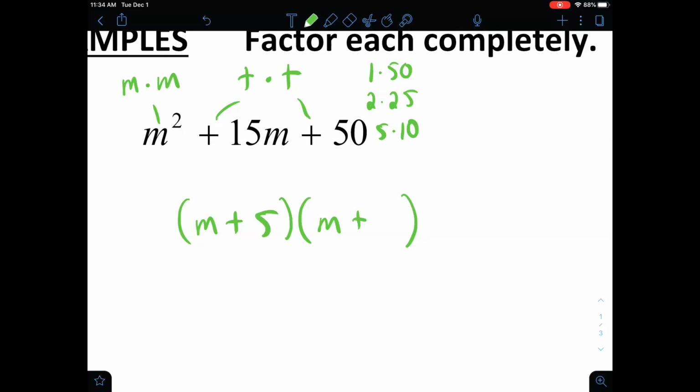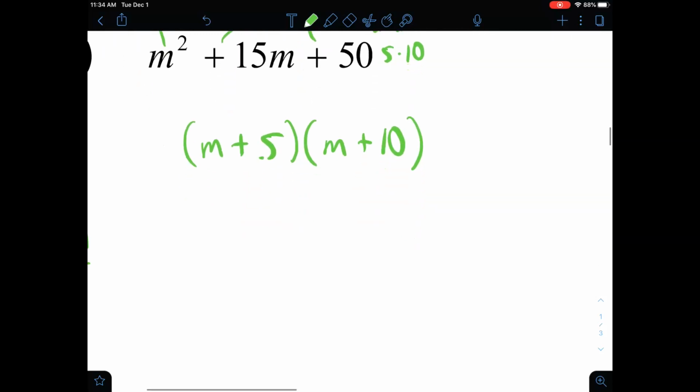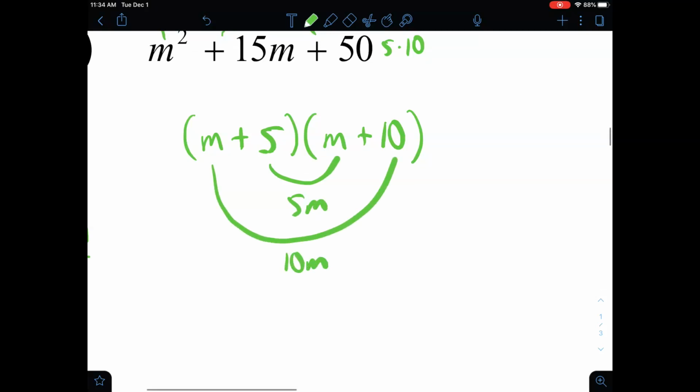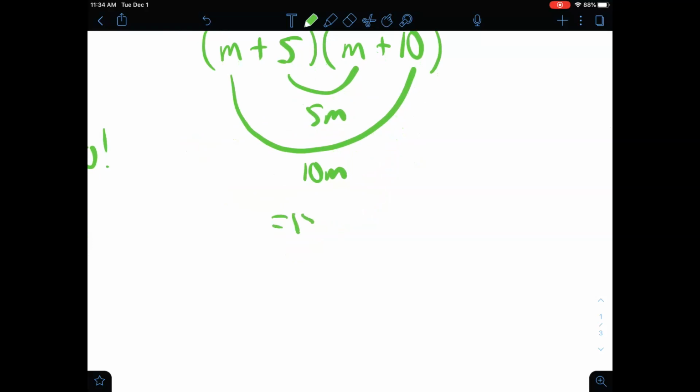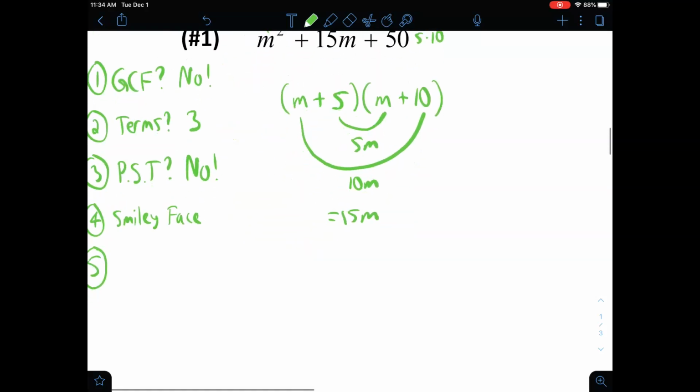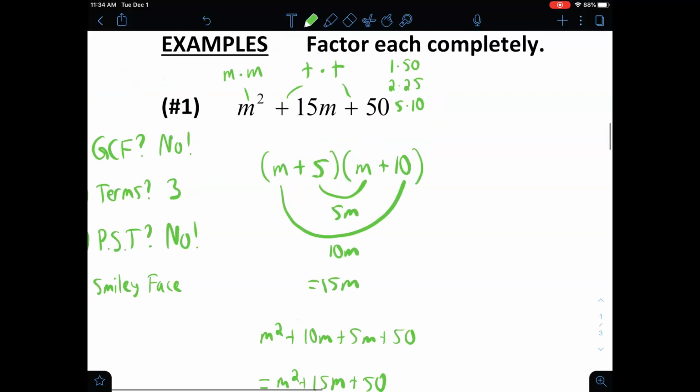Let's try 5 and 10. We can get 15 from 5 and 10. So let's give that a try. 5 times m is 5m. m times 10 is 10m. And 5m plus 10m equals 15m, so this is probably the right answer because we're going to get m squared plus 10m plus 5m plus 50, which equals m squared plus 15m plus 50.